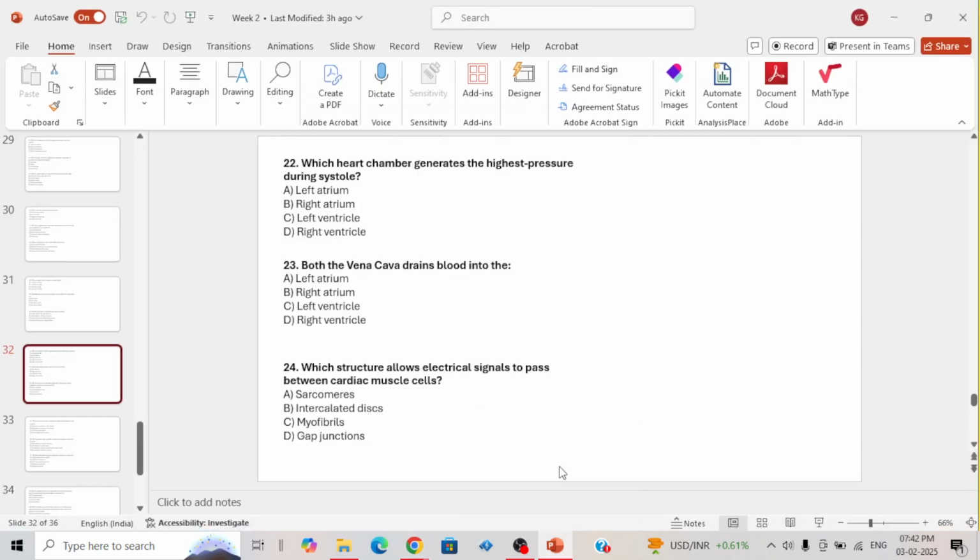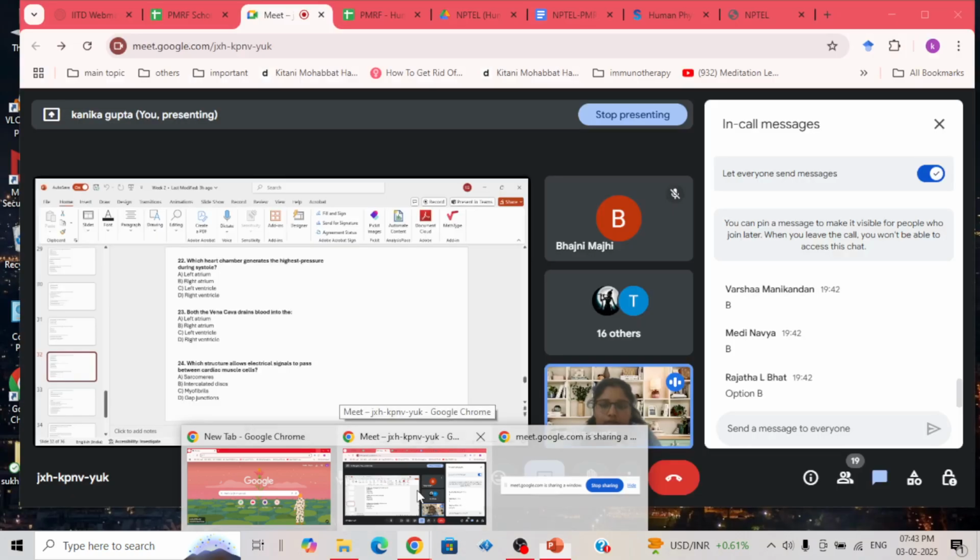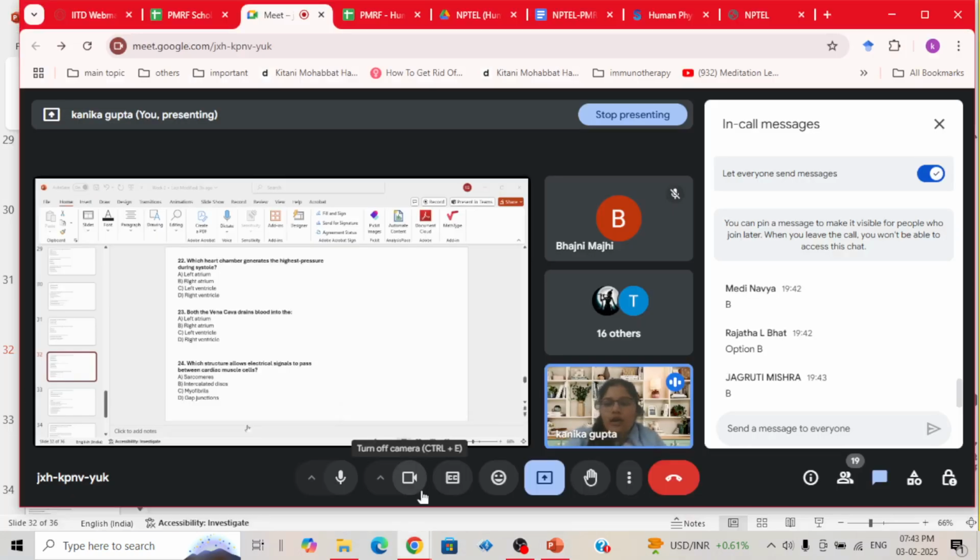Okay, then next, both the vena cava drain blood into which chamber of the heart? Everyone, question number 23: both the vena cava drain blood into, and what are the names of these vena cavas?